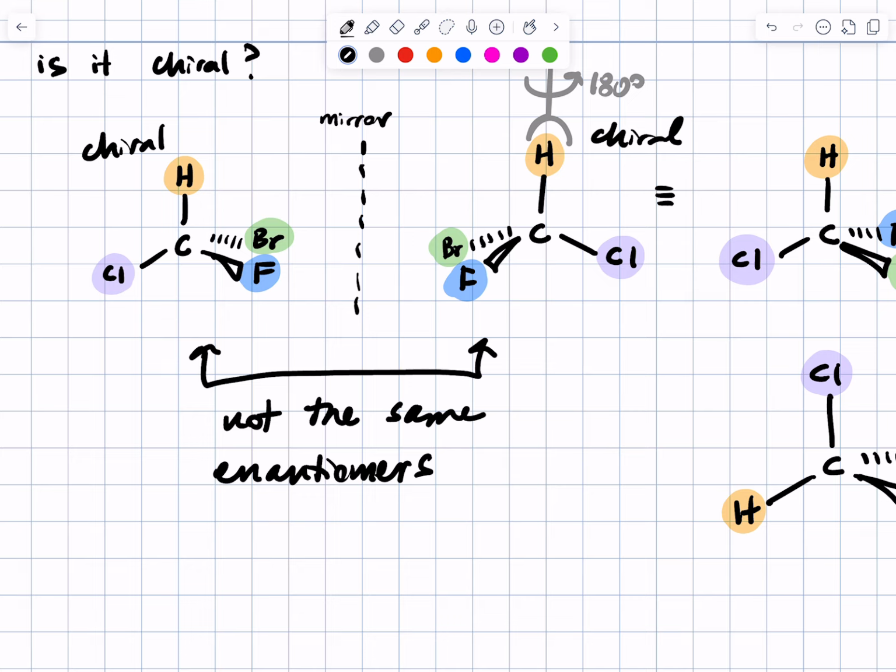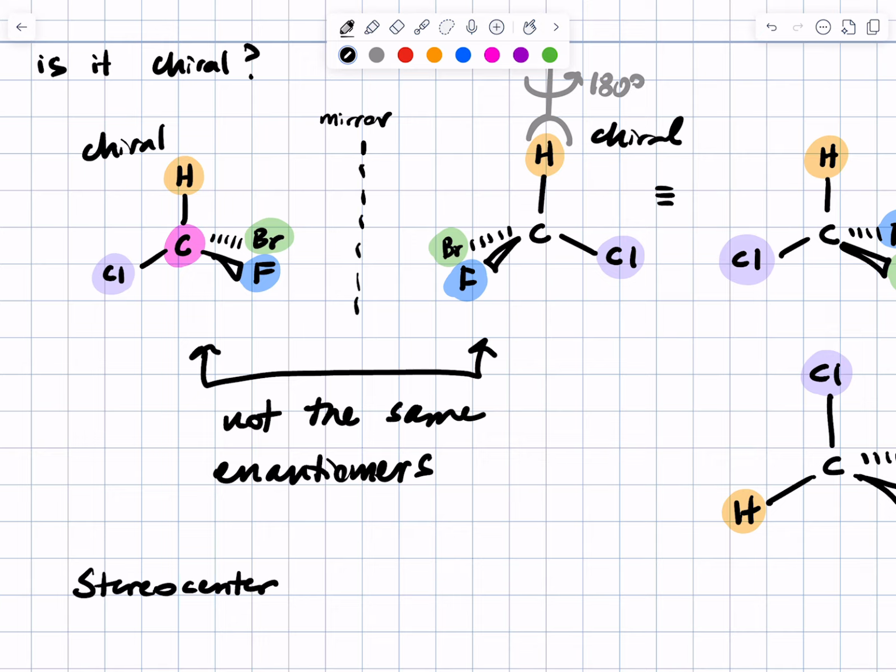Now, there are a lot of ways to be chiral, but one of the most common ways is to have one or more stereocenters. A stereocenter is a carbon, and I'm going to define it a bit more narrowly than the actual definition is.